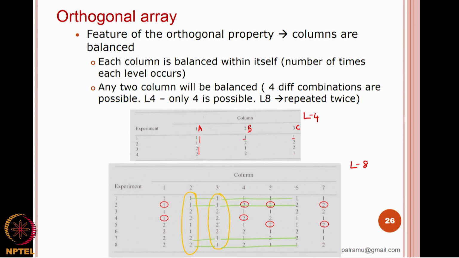The beauty of this one is that L4 can be derived from L8. There is another thing. How can you do that? That is the reason they have 1, 2, 3, 4 instead of alphabets. For A, B, C you can write it like that, but what will be the column headings for this L8?